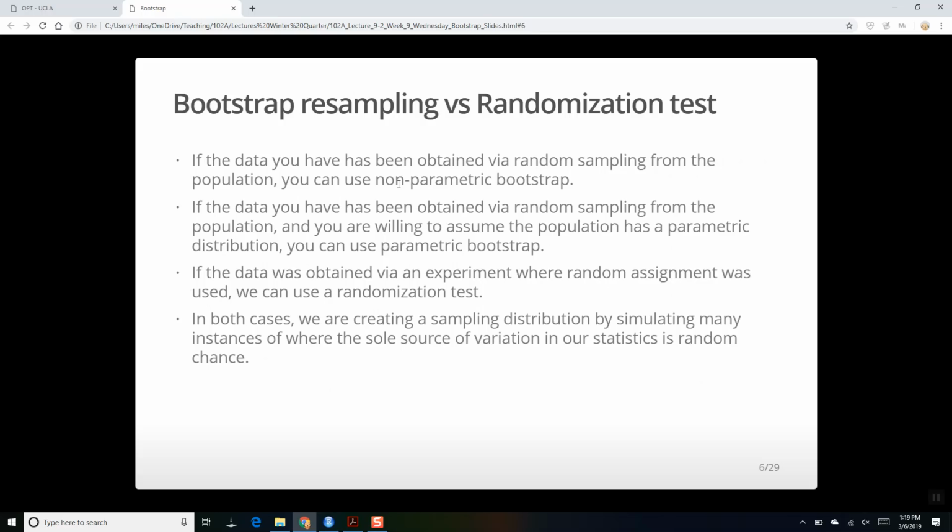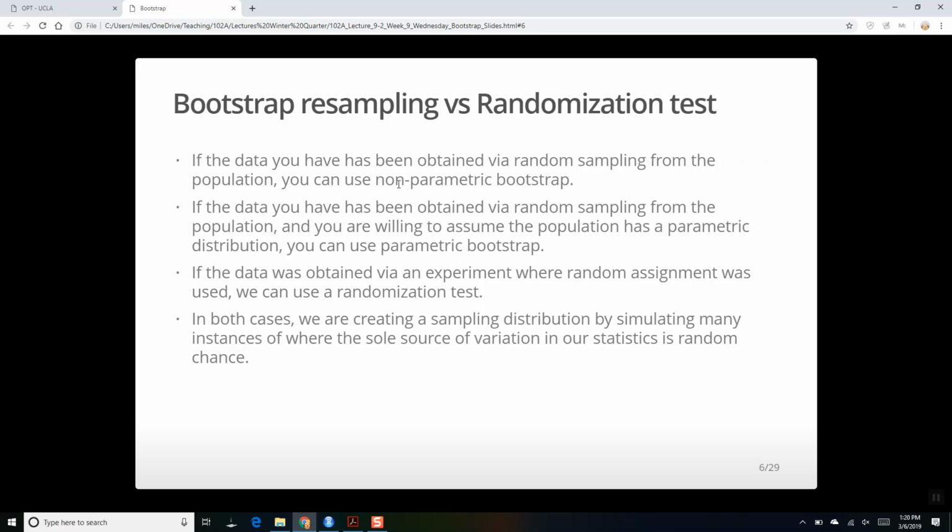If the data we have came from random sampling, we can use non-parametric Bootstrap, because if our data came from random sampling, it's probably an okay assumption that your random sample should be representative of the population because it was obtained randomly. If your data was obtained via random sampling and you're willing to make mathematical or distributional assumptions about the population, you can do parametric Bootstrap.